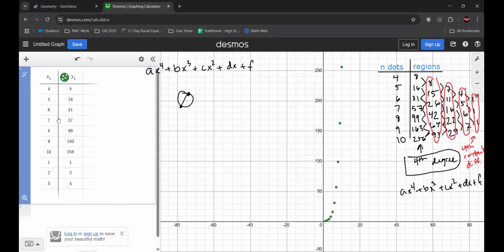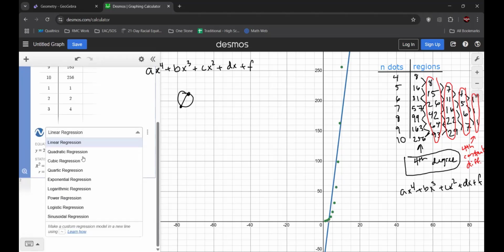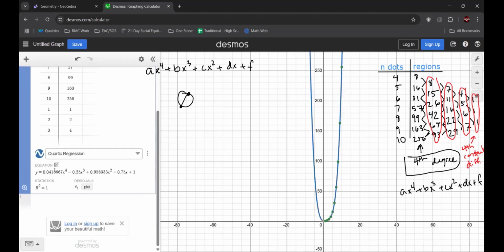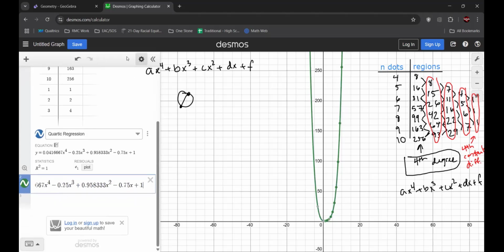Okay, so I'm going to have Desmos fit a fourth degree polynomial, and they've added this add regression button. Oh yeah, quadratic is a fourth degree polynomial. So here we go. We've got a function here, and I like that.